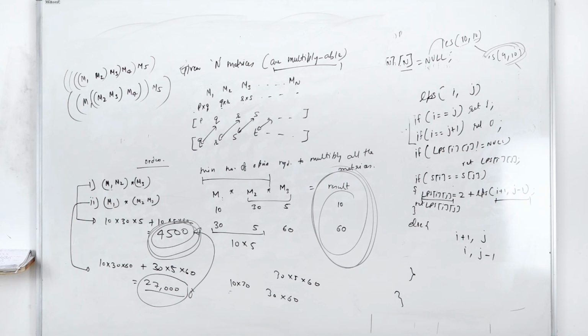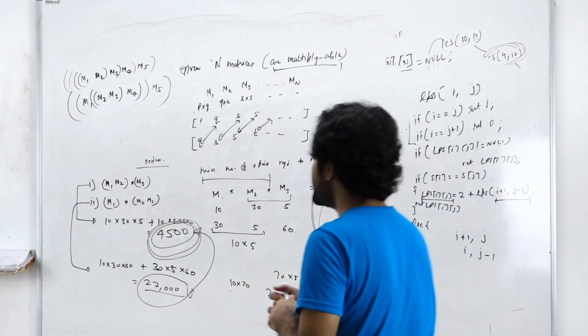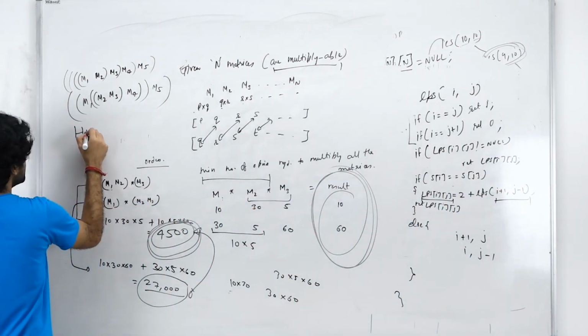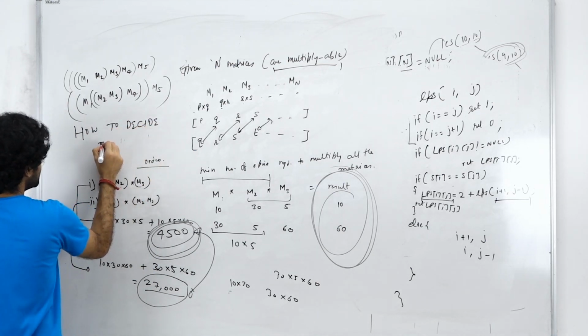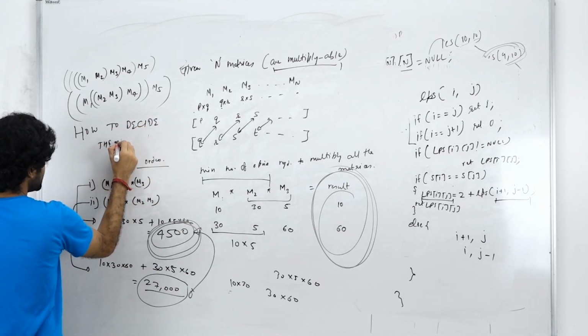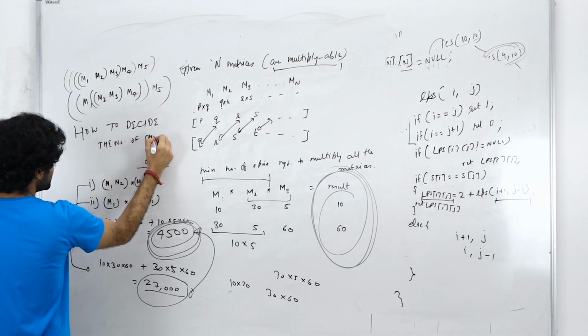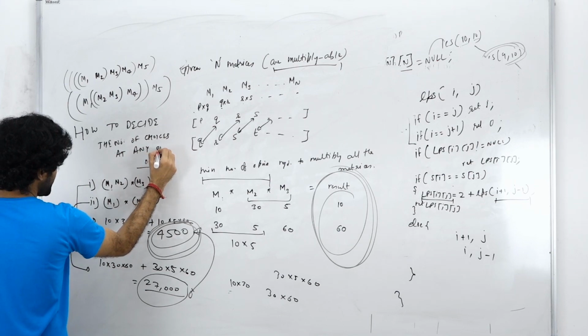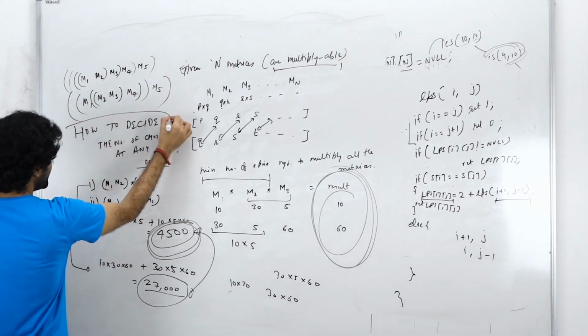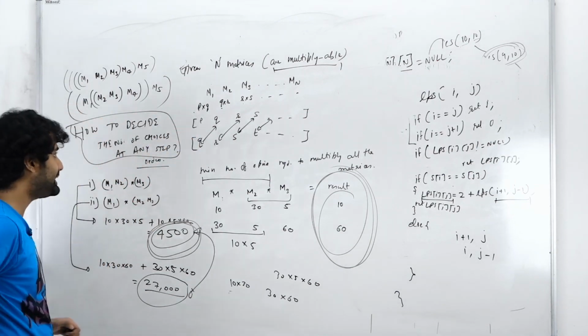So how to tackle this problem? First decide, I'm going to write it down, how to decide the number of choices at any step. How do I decide how many choices I have at any step?